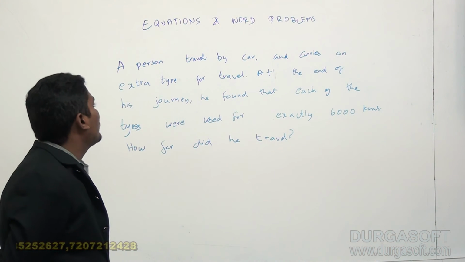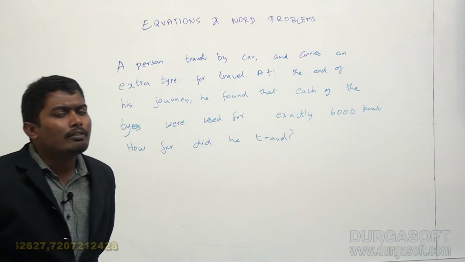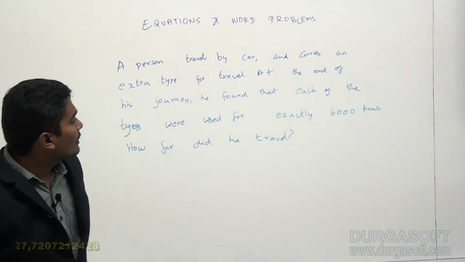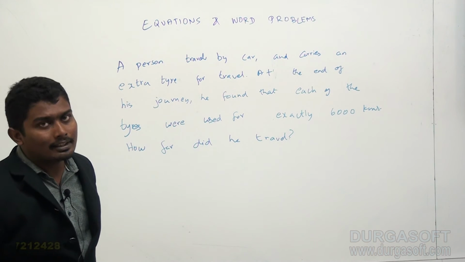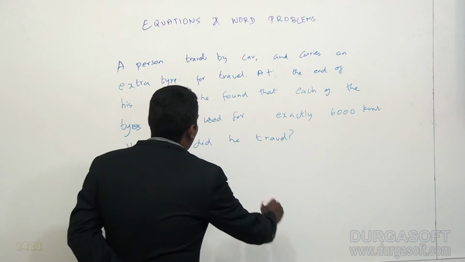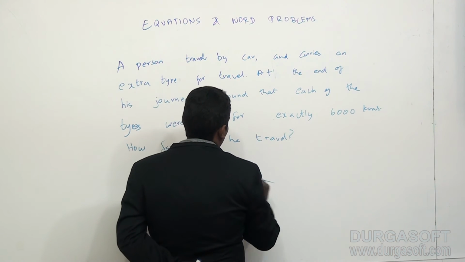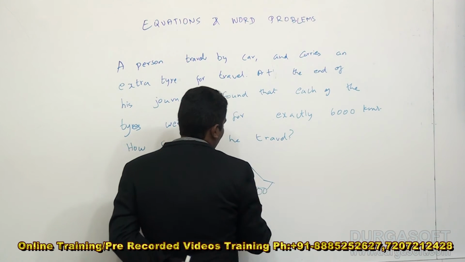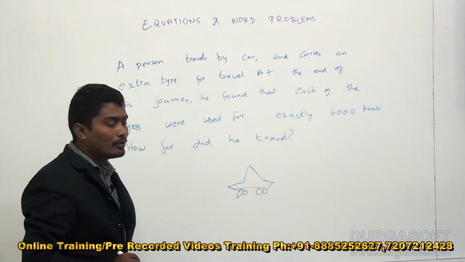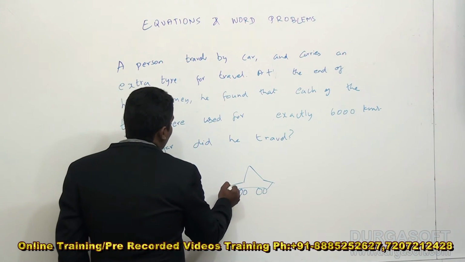Now, a person travels by car. We know that a car will have 4 tires. He also carries an extra tire.